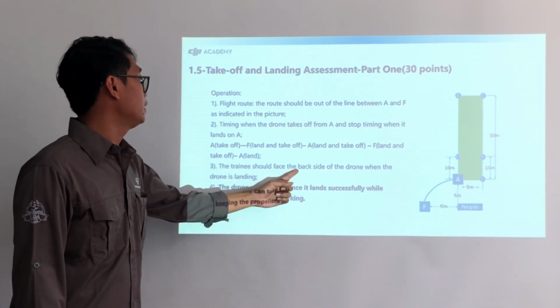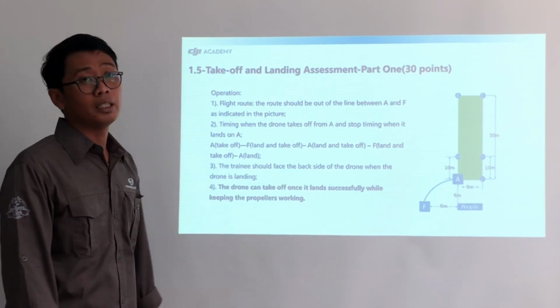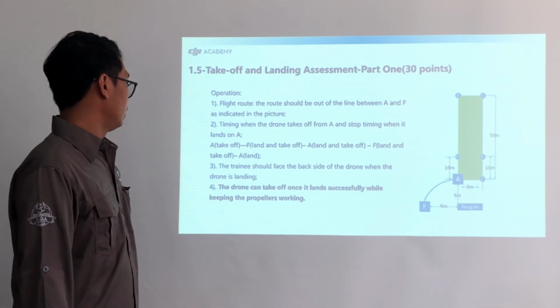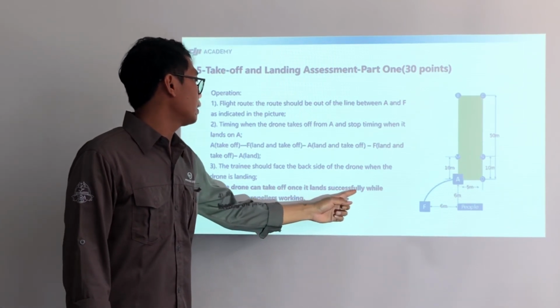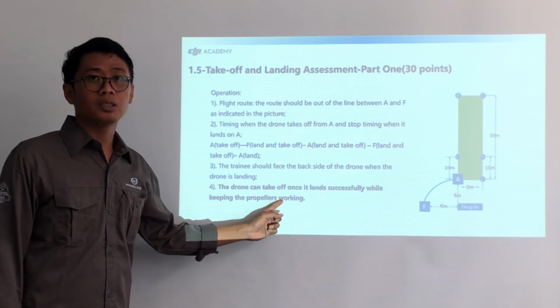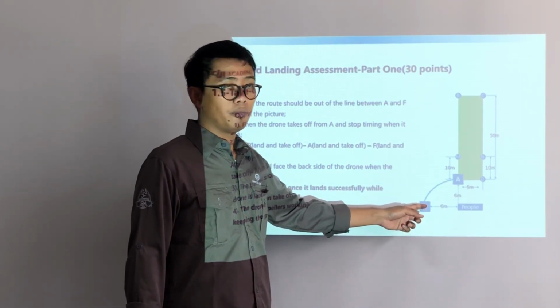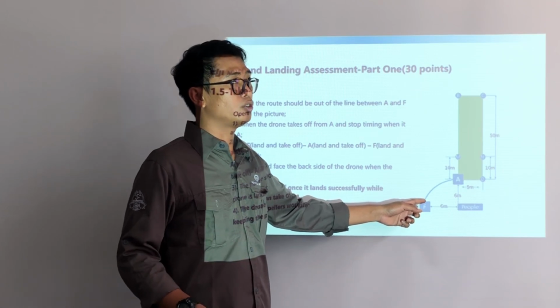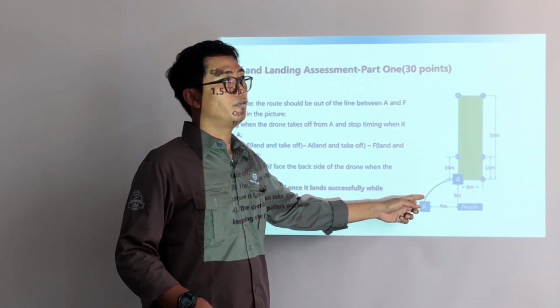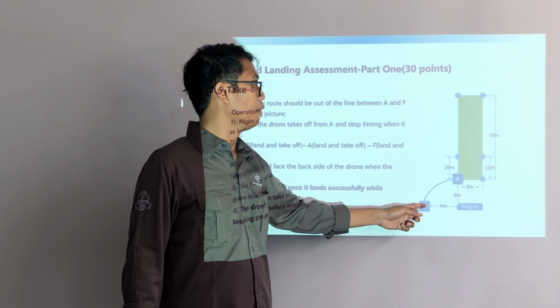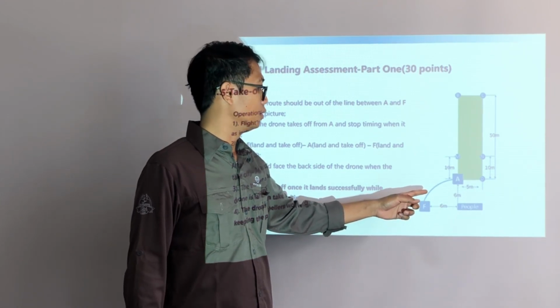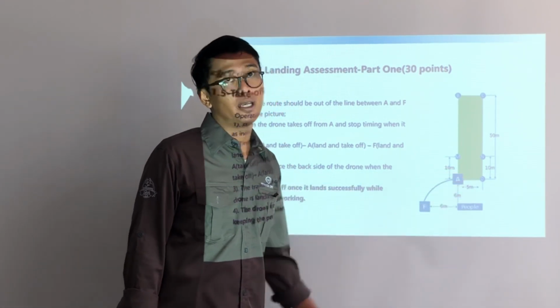The trainee should face the back side of the drone when the drone is landing. The drone can take off once it lands successfully while keeping the propellers working. It means when we take off and land to F, before the drone propeller is fully stopped, we can take off again, and then go back to the A.